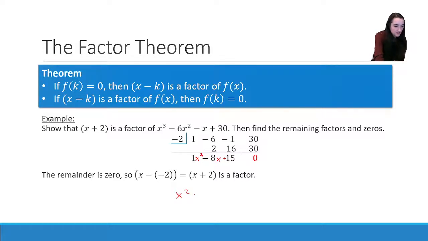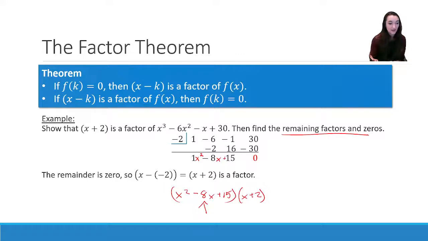But we're not really done at that point. So x squared minus 8x plus 15 times x plus 2. Because this question then asks us to find the remaining factors and zeros, we know one of the zeros is negative 2. But we just have to factor further, and now we're at a stage we know how to factor.